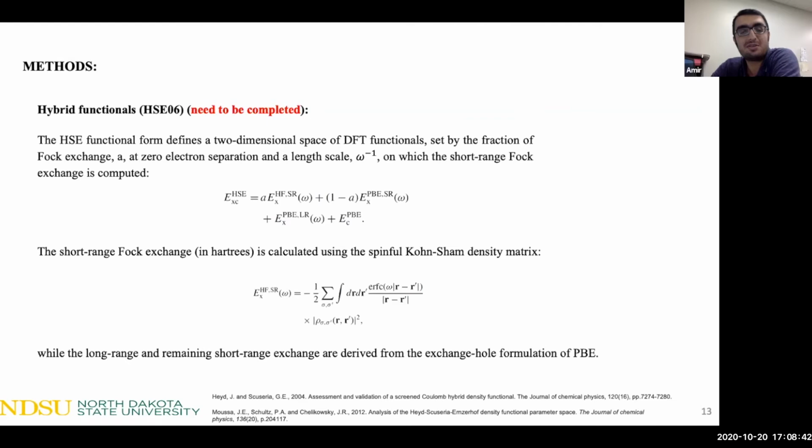I gathered the important papers on HSE, and I will summarize them in the hybrid functional section. A brief illustration of these hybrid functionals is reported here. So I will return the paper to you as soon as I finish the method section as it should be.